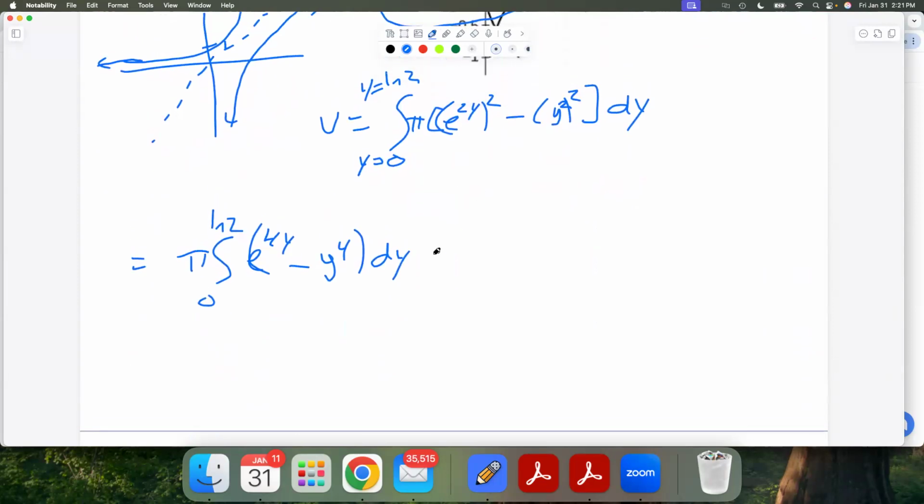Okay, and now pi just comes along for the ride. Antiderivative e to the 4y will be 1/4, I'm just going to put it over 4, e to the 4y over 4. Antiderivative of y to the 4th dy will be y to the 5th over 5, evaluated from 0 to ln of 2.